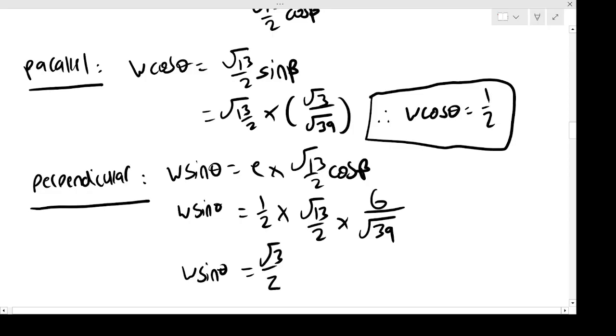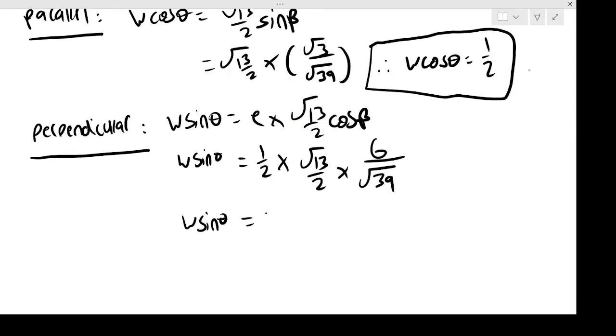Again, a fairly nice exact answer, right? Which is root 3 over 2. So again, we'd be missing out on this exact answer if we were to just sub in rounded numbers for my angles and stuff like that.